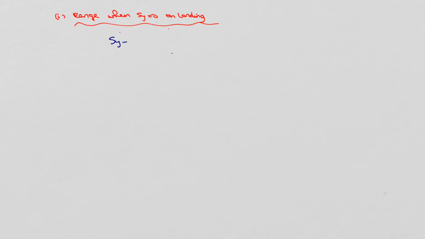So Sy is equal to u sine beta t minus a half gt squared. If I let that equal to 0, I multiply across by 2.